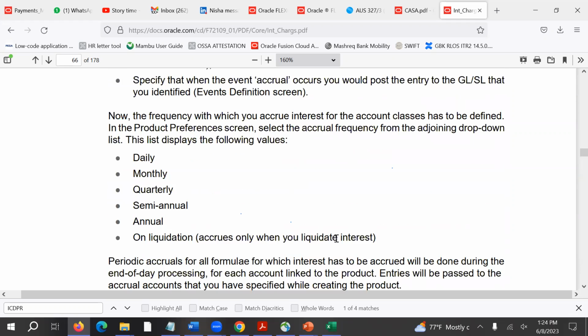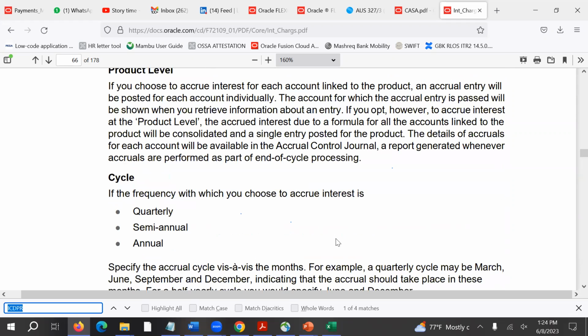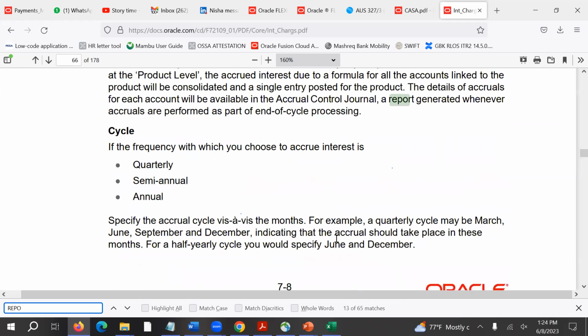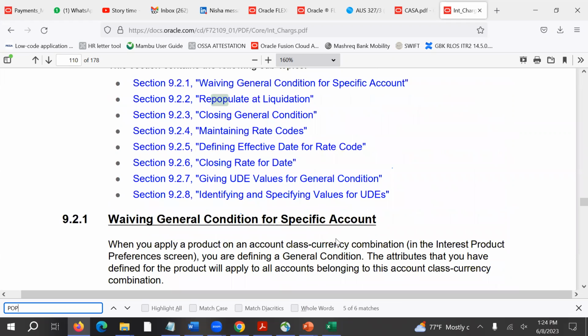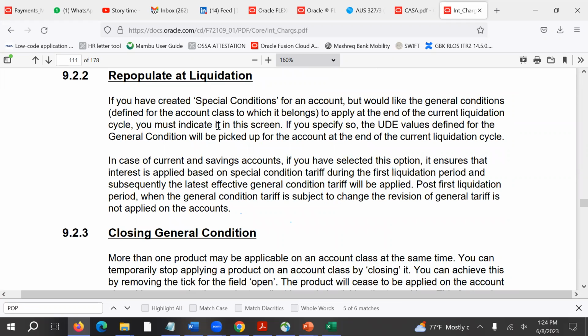So such features are there that you can repopulate on liquidation. So you just go through it.